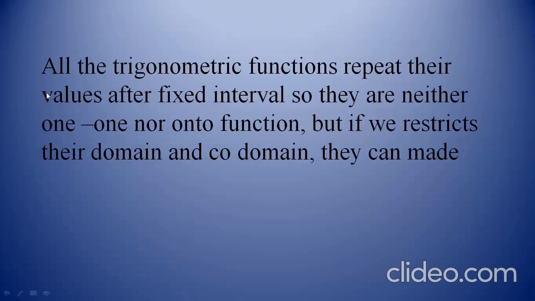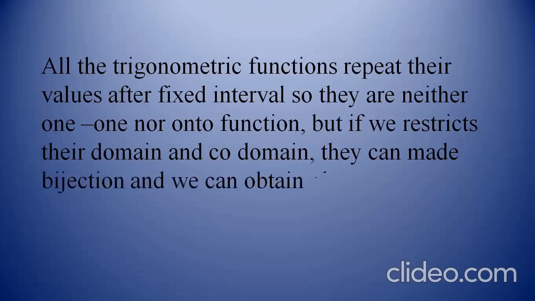Now, look here. All the trigonometric functions repeat their values after a fixed interval. So they are neither one-one nor onto functions. But if we restrict their domain and codomain, they can become one-one and onto functions.